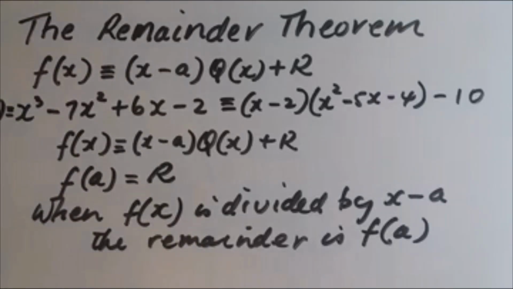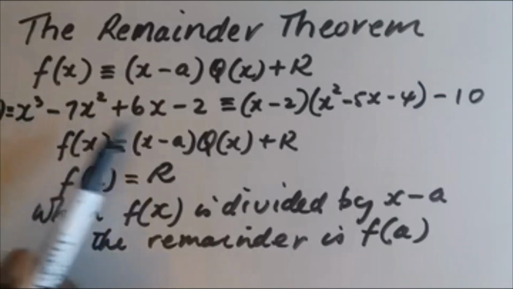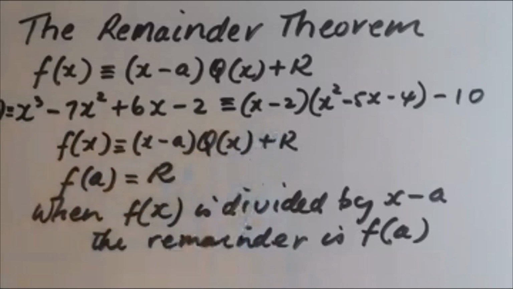So, just to recap, I've stated algebraically what f of x is equivalent to, which is x minus a, its divisor, times its quotient add the remainder. Now we've expressed that in terms of the function polynomial and the linear function that we used.